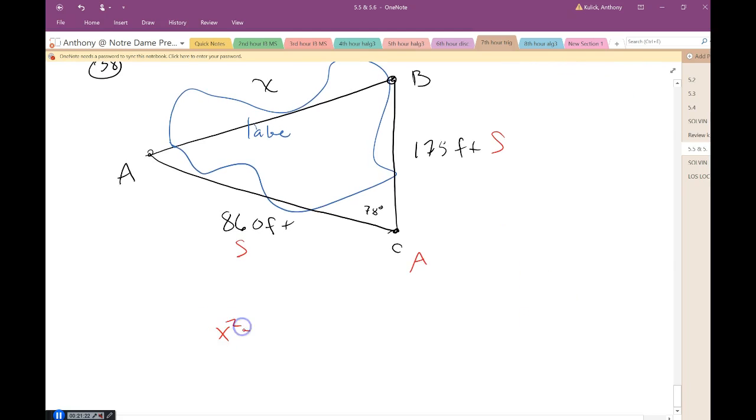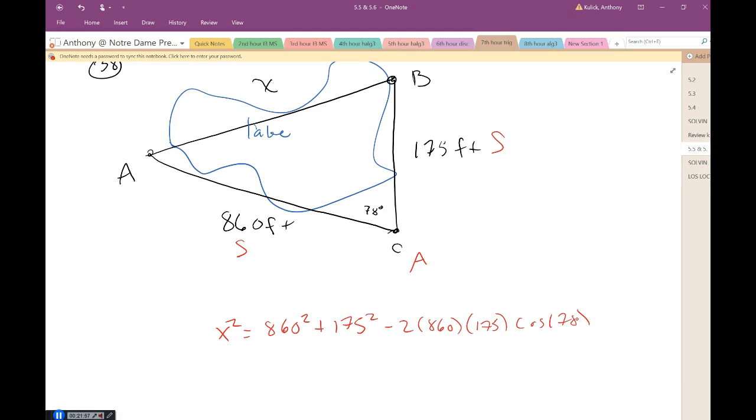So I can just say x squared equals 860 squared plus 175 squared minus 2 times 860 times 175 times cosine of 78.